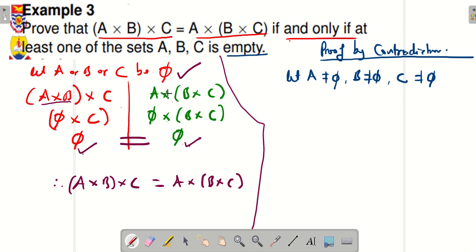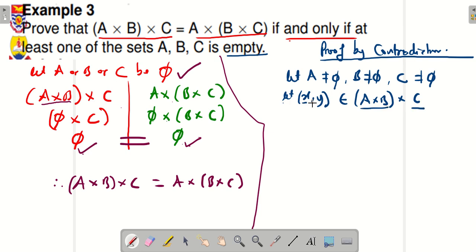Is that right? Therefore, we can say that, let (x, y) be an ordered pair formed by combining A × B with C. So we can say that let (x, y), which is an ordered pair, belong to the Cartesian product (A × B) × C. In this case, remember that this is one set on its own and this is the second set.